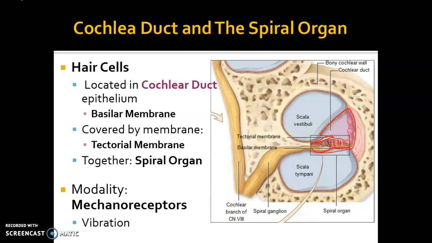This is the tectorial membrane, and all three things together, the basilar membrane, the hair cells, and the tectorial membrane, are shown in a black box, and together they are called the spiral organ. Remember, these hair cells are stimulated by vibration in the endolymph of the cochlear duct. So that's the spiral organ.